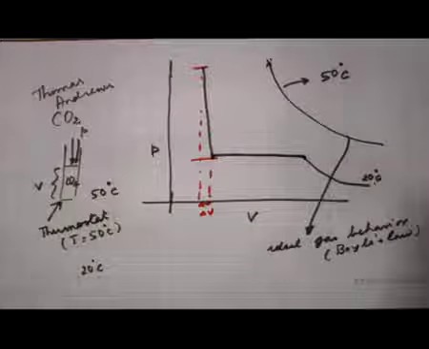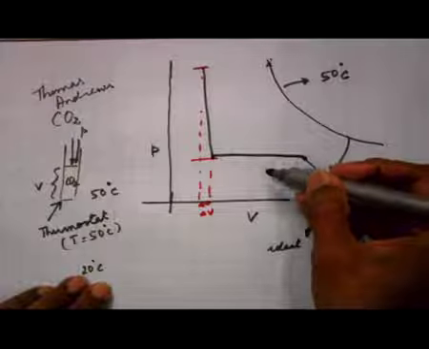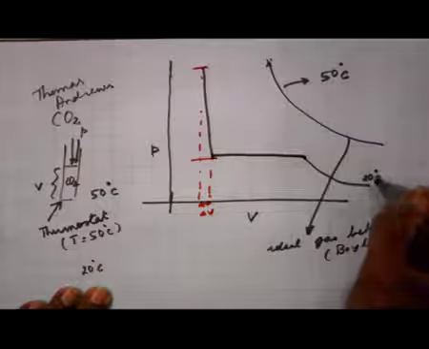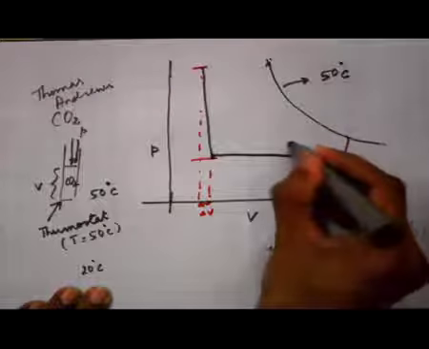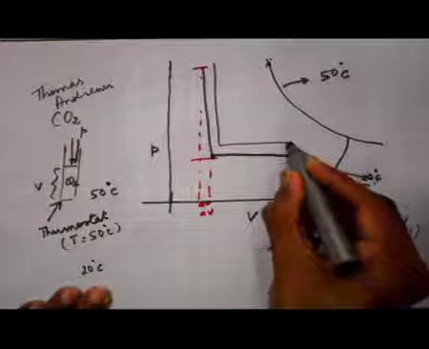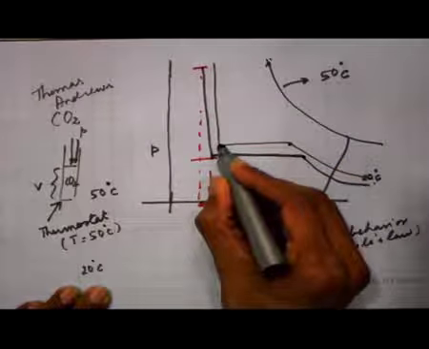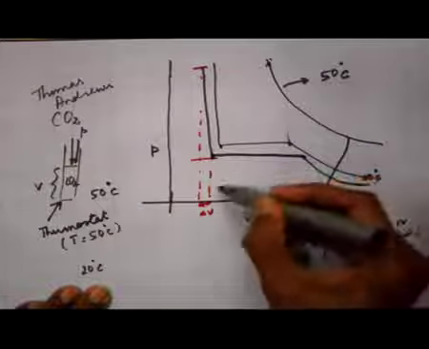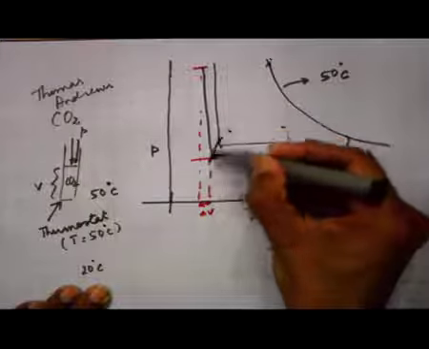So, I now have this graph for two different values of the temperature. If I raise the temperature from 20 degrees to 25 degrees, it looks very similar. There is a point at which carbon dioxide liquefies, the volume drops to here, which corresponds to a liquid, and then it moves on. You do this at various temperatures and plot it, and you will find that this looks like a dome.